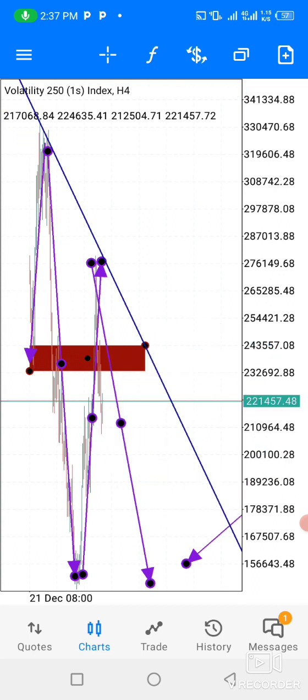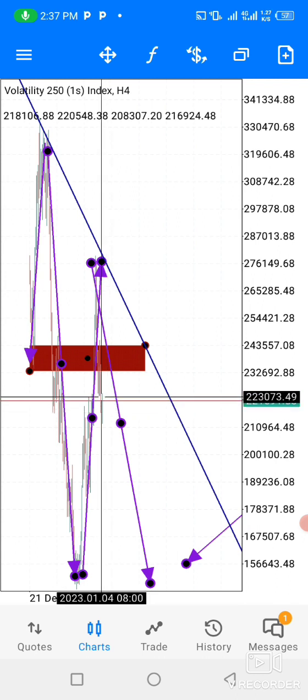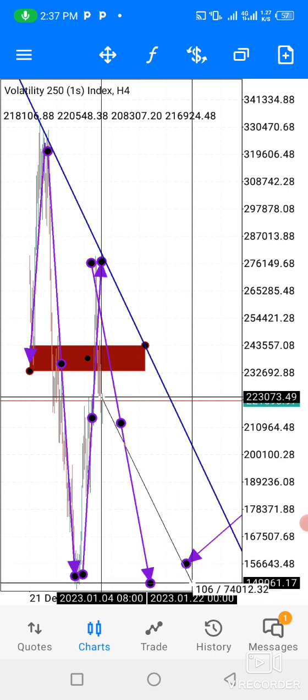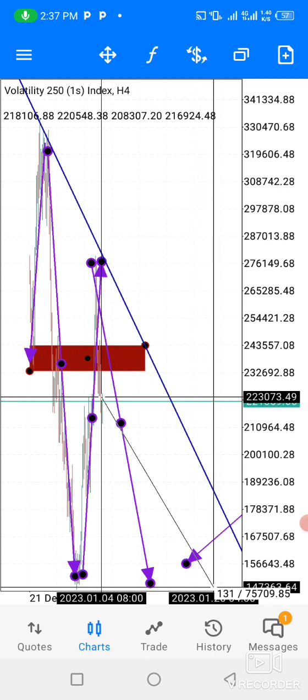If this market drives itself down to, let's say, 150, or even if it drives itself near 146,000, you must have gained 75,000 pips.